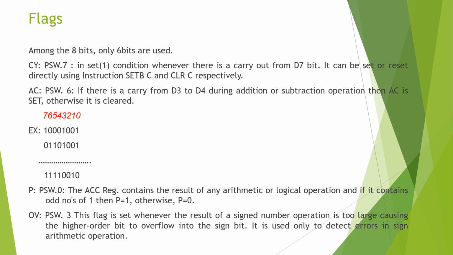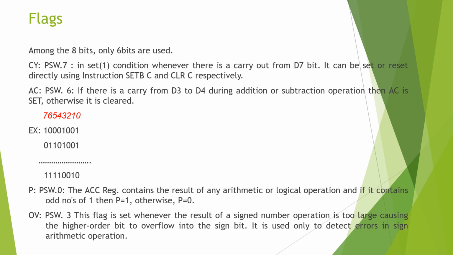If there is a carry from D3 to D4 during any addition or subtraction operation, in that case the carry flag is set, otherwise it is cleared. Generally, the auxiliary carry flag is used for decimal adjust in BCD addition or subtraction operation.